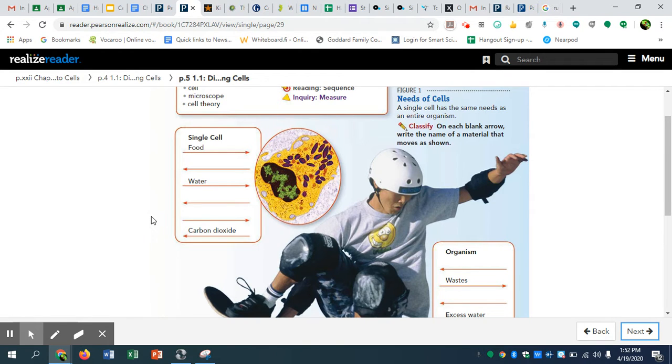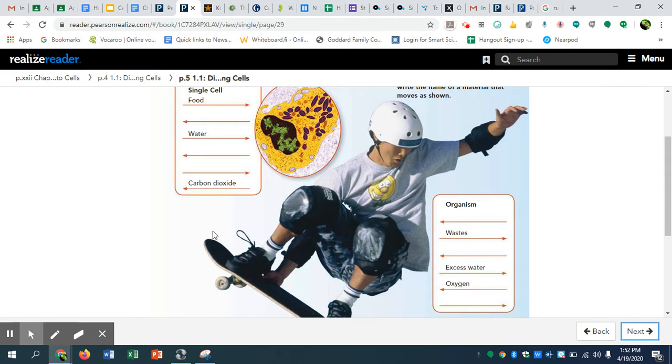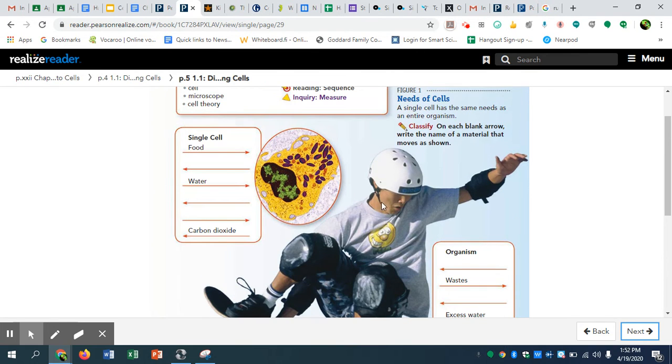But let's take a look at this multicellular organism. It's a person. And there's blanks here as well. There's 3 arrows going into this multicellular organism that it needs, and there's 3 arrows going out. So we actually do not have to read the book in order to find out the answer, because it just said here, a single cell needs the same things as an entire organism.